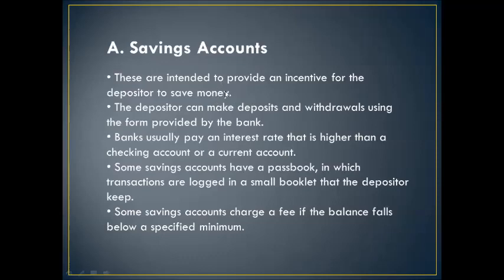Of course, the reason why we are opening a savings account is for us to be able to save money. And the depositor can make deposits and withdrawals using the form provided by the bank. Before you can open a savings account, guys, you also need to make an initial deposit. And of course, if you needed money, you can always withdraw with your savings account.